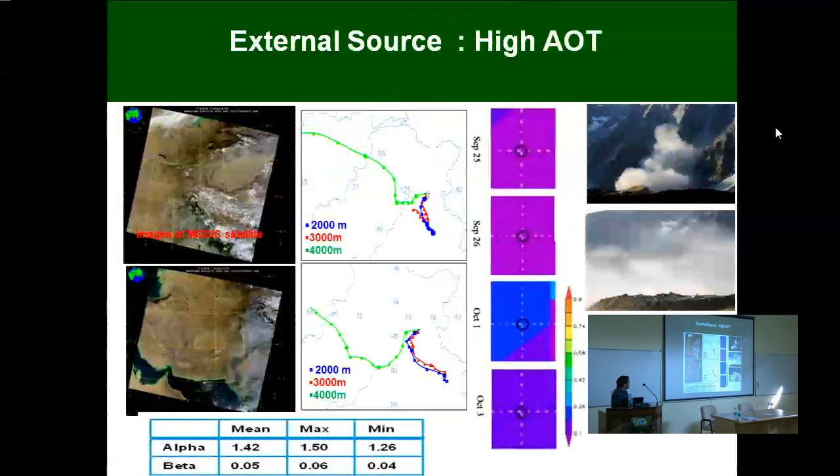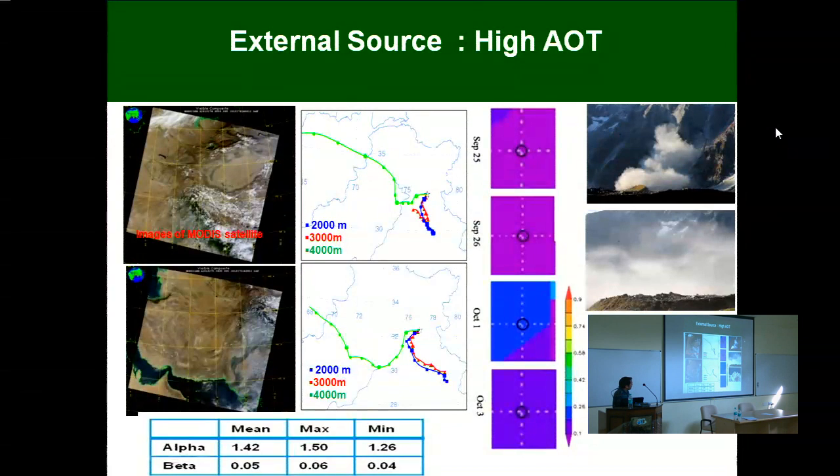So on 1st October, why is the aerosol optical depth high? Because there can be a possibility of external sources, which can be derived from the back trajectory analysis and MODIS level 3 images. On 1st October you can see there is a green color because of high AOD.